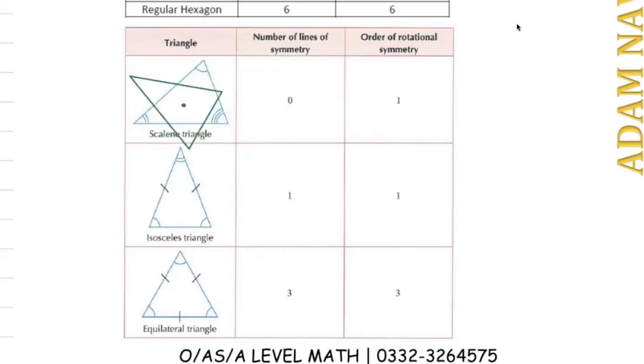So after rotating, let's say 90°, it doesn't fit the outline, 180° doesn't fit the outline, 270° doesn't fit the outline, 360°, yes, it fits the outline again. So in 360°, it only fits the outline once. Hence, the order of rotational symmetry is 1. Make sense?